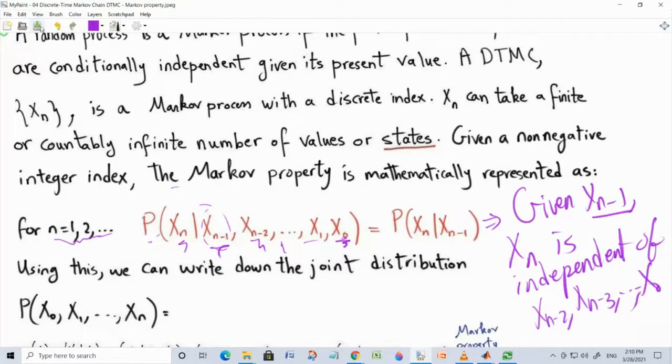That's the Markov property. In this definition, n minus 1 is the present, n is the future, and 0 to n minus 2 is the past. So the future and the past are conditionally independent given the present.